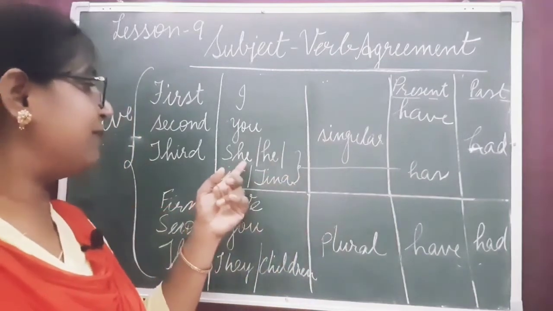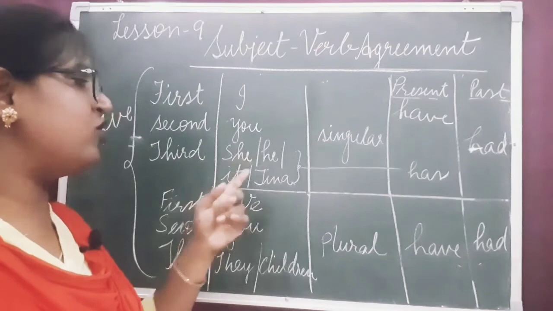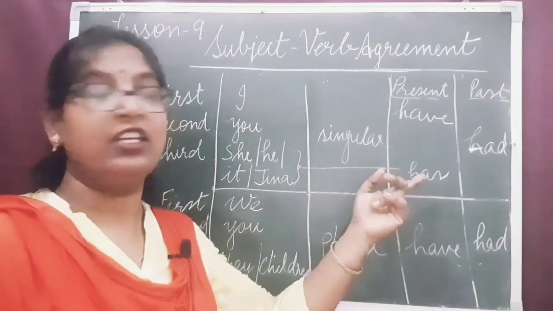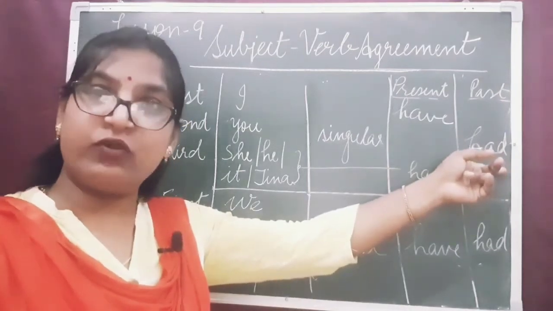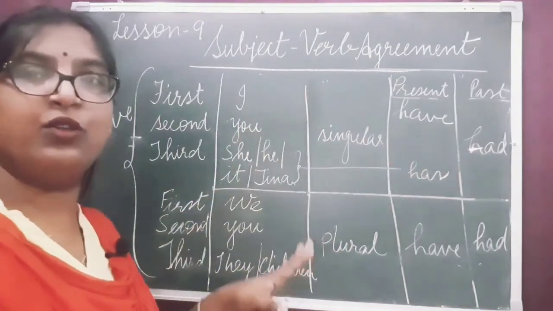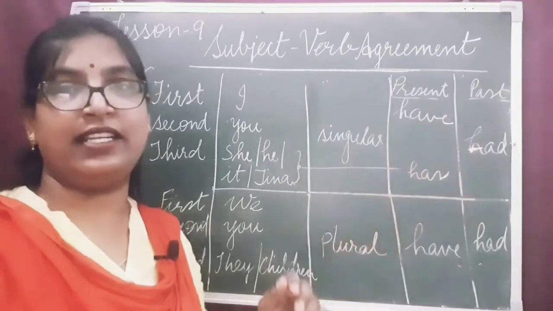And when the subject is singular and we use the pronoun she, he, it, or any singular subject, we use has, and in the past tense we use had. Had is used for all the subjects, all the pronouns in past tense.